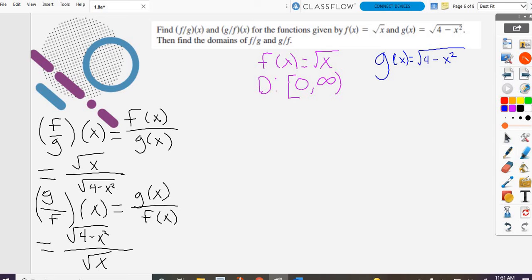Now for this one, again, we said that the inside stuff has to be greater than or equal to 0, yes? So our 4 minus x squared has to be greater than or equal to 0. Okay? So what would we do to solve that?